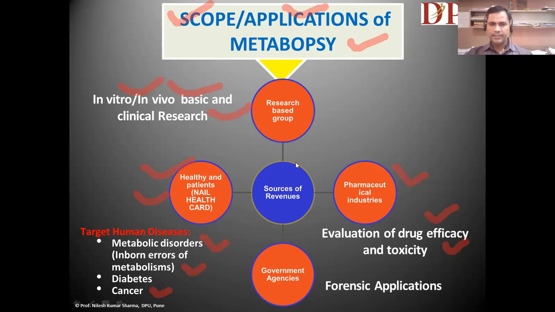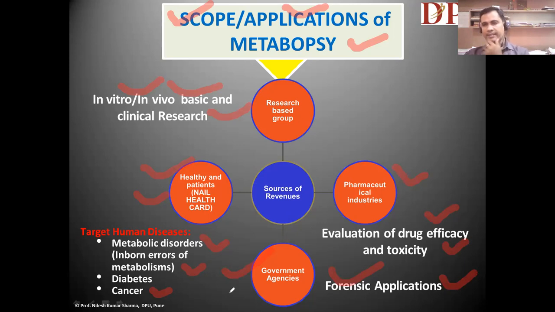And the very interesting last one is forensic applications, where government agencies may be involved, like nail metabopsy, where the huge scope is to identify certain drugs, toxins, or threatening chemicals to which a human subject has been exposed. That can also be assessed.